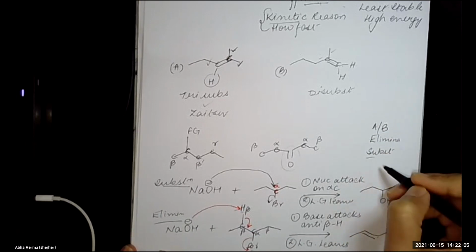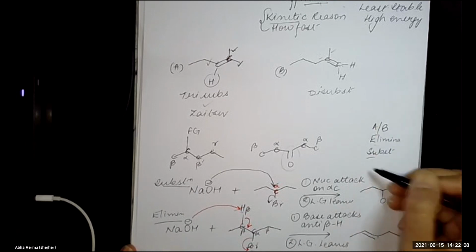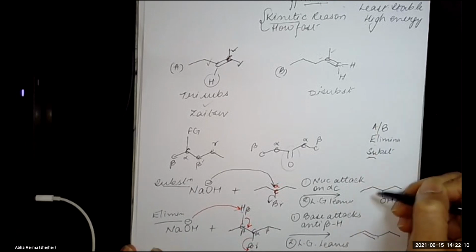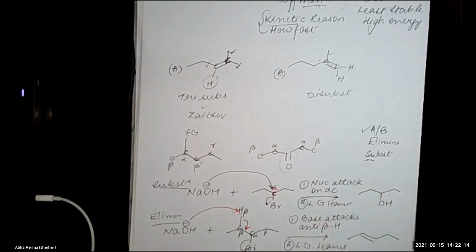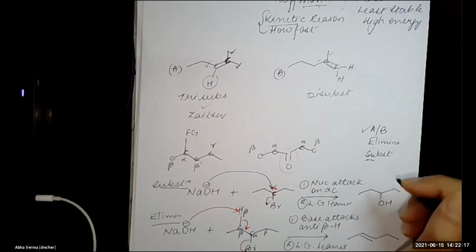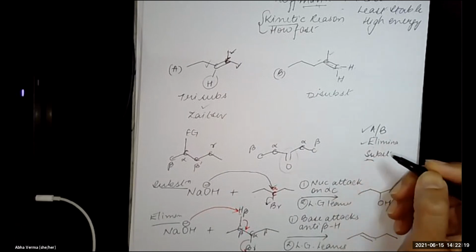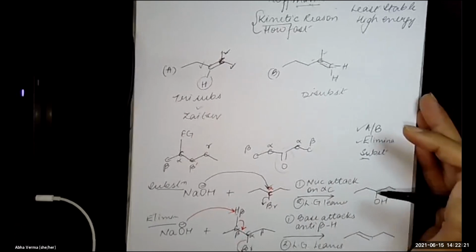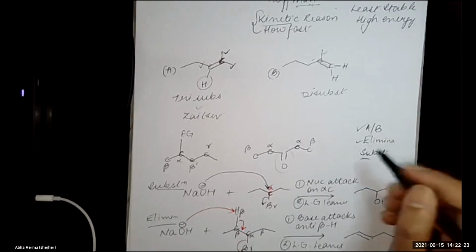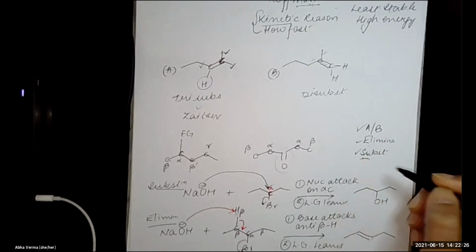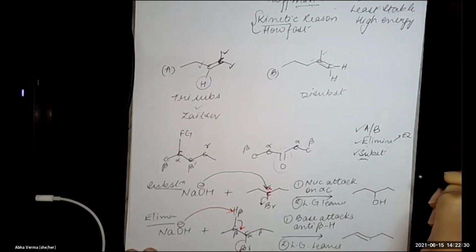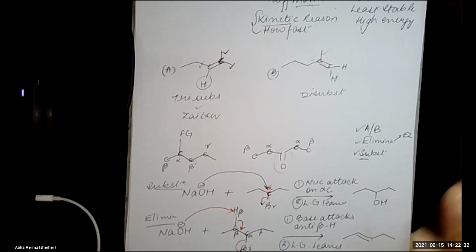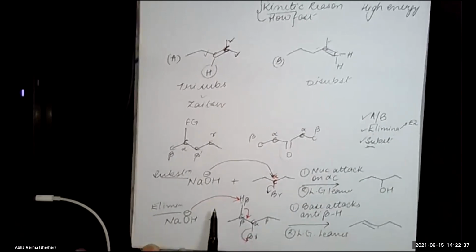So substitutions, their category is way low here. Acid-base will always occur. If an acid-base can occur, it is going to go ahead and occur. It's not going to stop for anyone. Elimination is the next most popular chemical reaction that happens, then substitutions. In elimination also, E2 is the most powerful mechanism. It is very fast, it is very concerted.